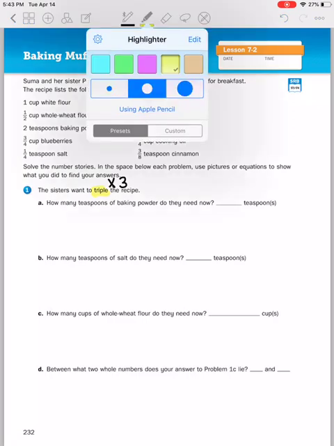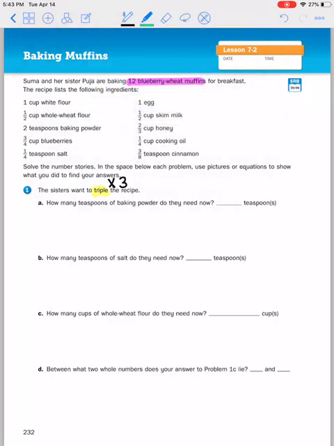So we are going to only be focusing on the baking powder, and they need 2 teaspoons of baking powder in the original recipe. But now we have to triple it. Times 3, and you get 6. 6 teaspoons of baking powder is what they need when they triple the recipe.